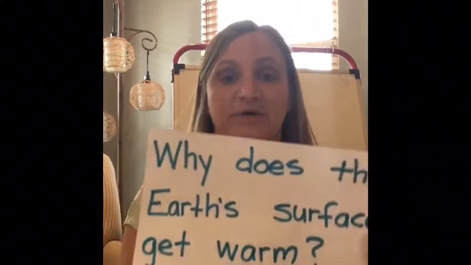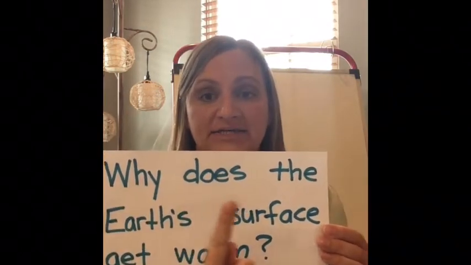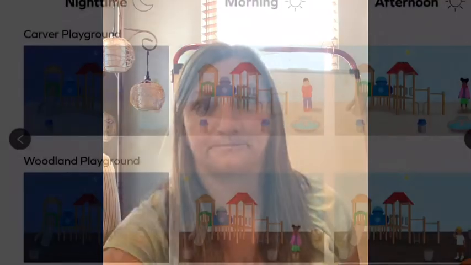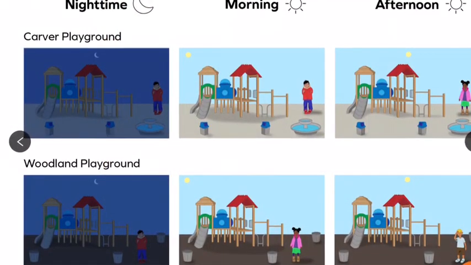So let's think about this question. Why does the Earth's surface get warm? Why does it get warm? Let's look back at the pictures of the playground. I want you to think about, why is the playground getting warm? So let's check out these playgrounds again.